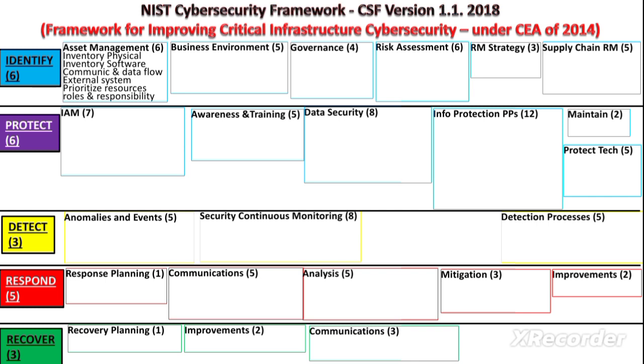You have to catalog those systems as well. Then you have to prioritize your enterprise resources as per the criticality of different security requirements or the assets. And then you have to define the roles and responsibilities to ensure the cybersecurity for all the assets in your organization.